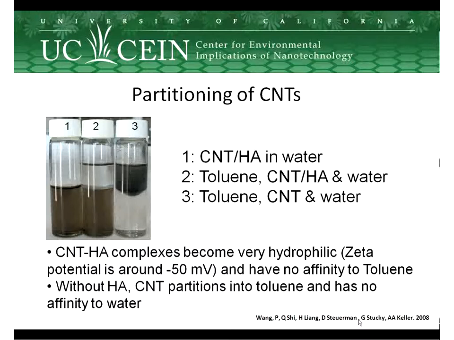If you only have toluene, water, and carbon nanotubes with no humic acid, then the carbon nanotubes tend to go that way. So that was early work, and then we've seen that you can get them in here and then evaporate off the toluene. That means that if they're in the environment and they come into contact with organics, natural organic matter, or other organics present, biota, microbes, they may partition well into that organic phase if they're coated with humic acid or other dispersants.